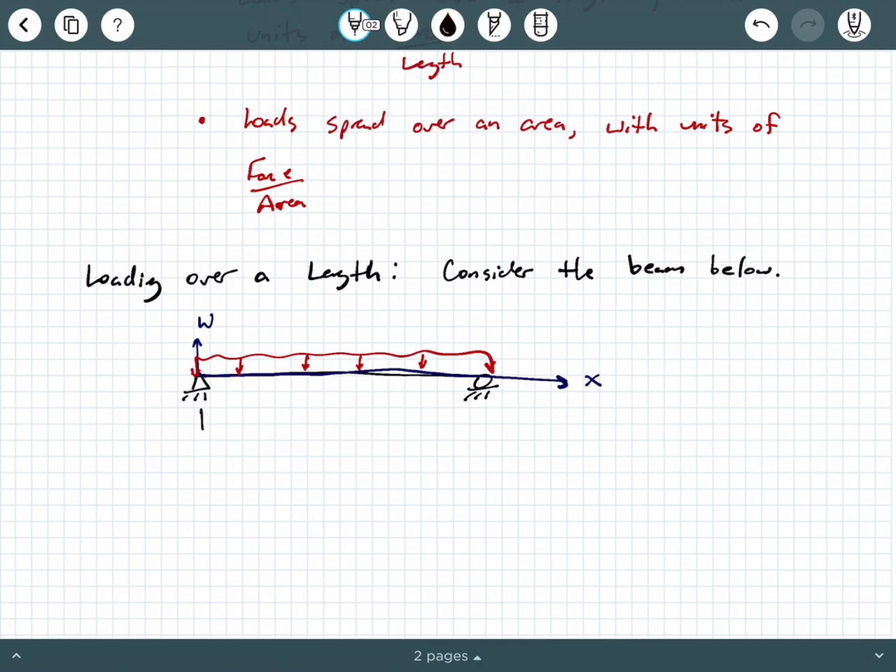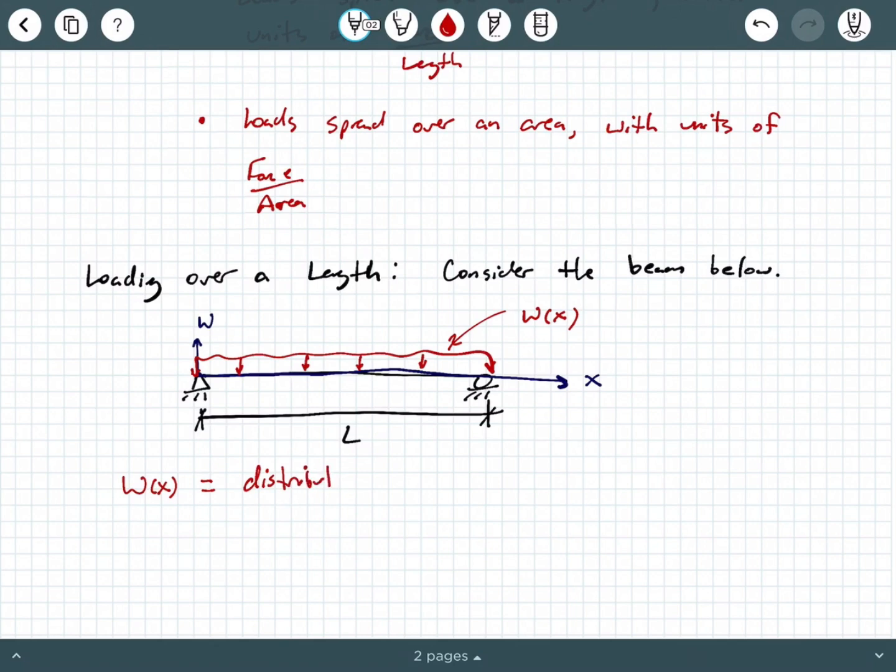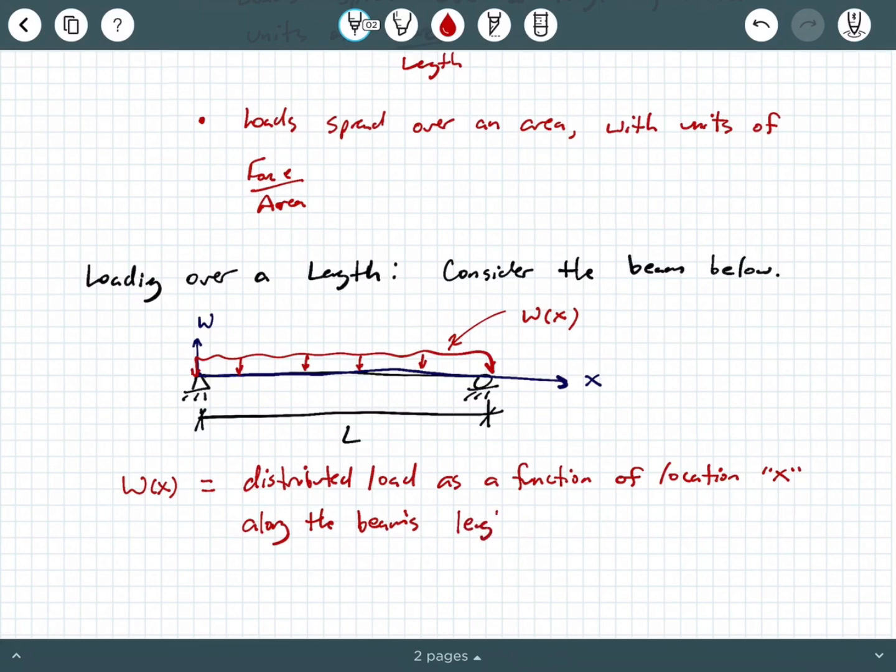And again, the length of the beam, we're going to call L. And then we're going to give the name of this distributed load, W, as a function of X. So again, W as a function of X is the distributed load as a function of location X along the beam's length.